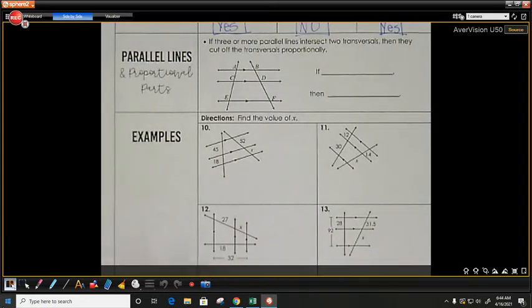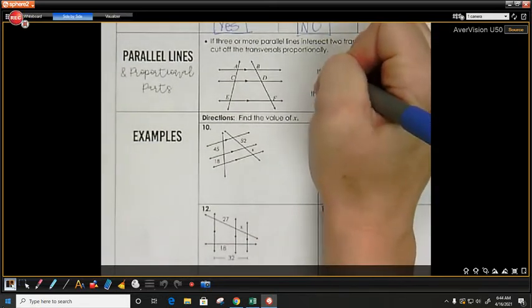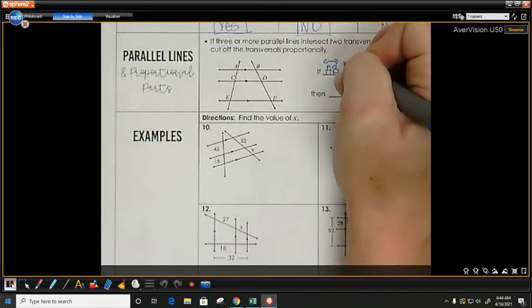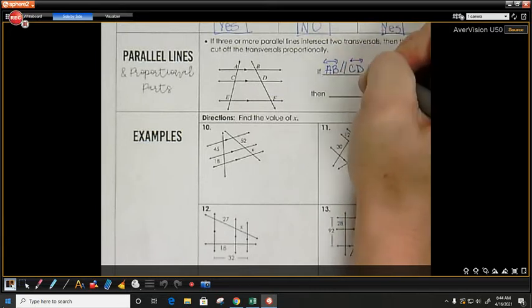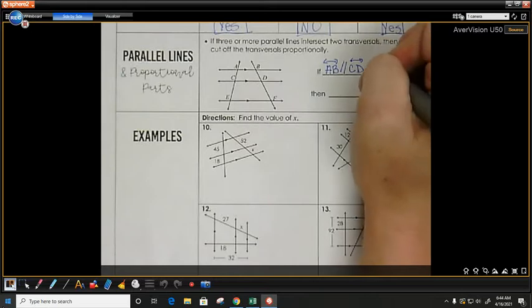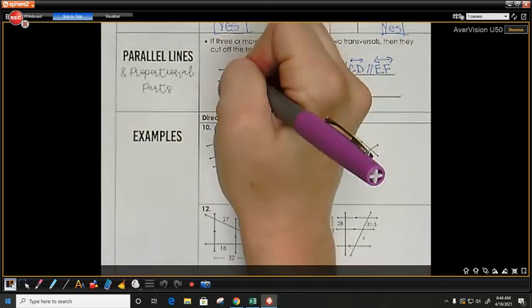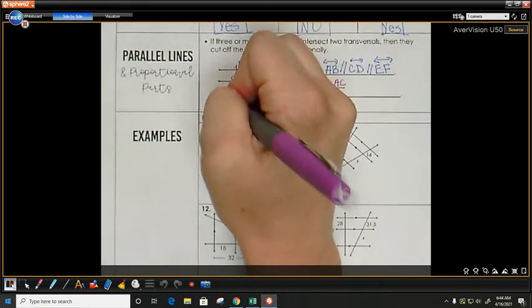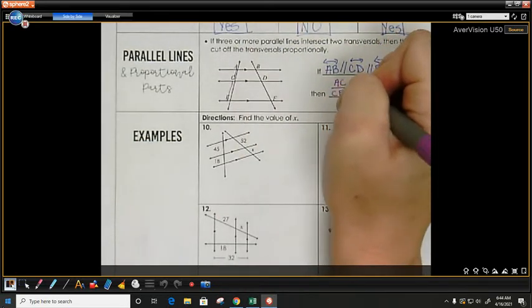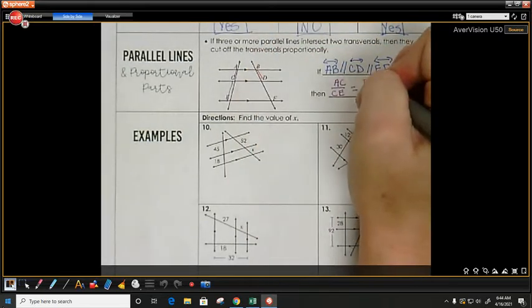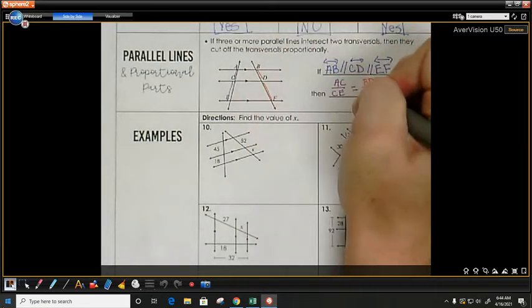So that means if AB is parallel to CD, which is parallel to EF, then AC over CE is going to be equal to BD over DF.